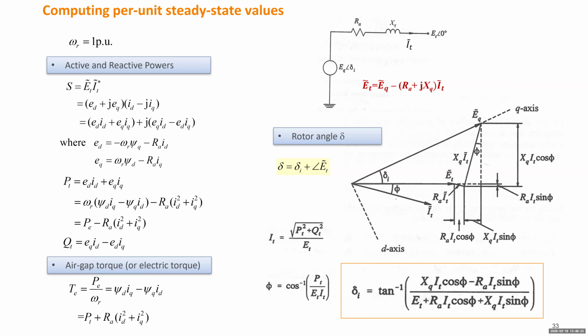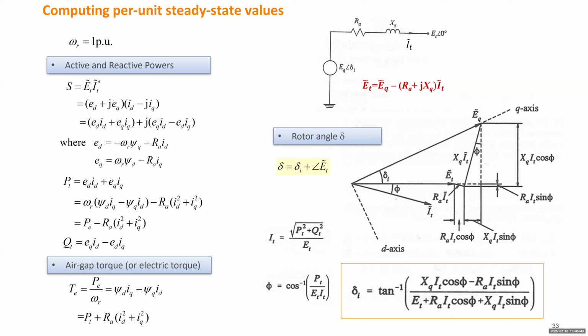First of all, the magnitude of current can be easily calculated by power divided by the voltage, and power factor can be calculated from the real power and apparent power. Then by calculating the arccosine, we can get phi. Then we can use this formula to calculate delta I.